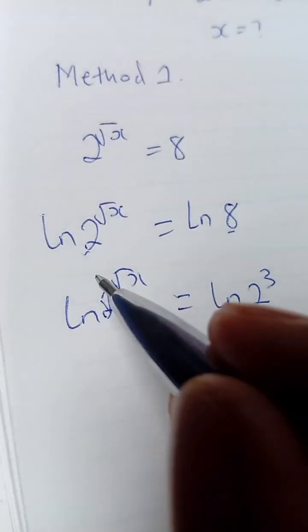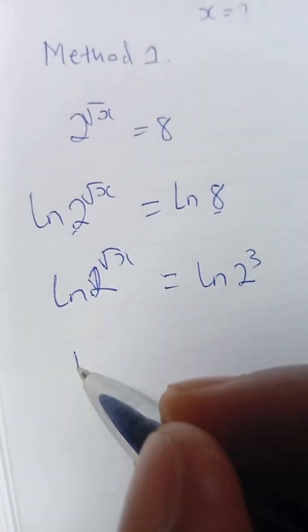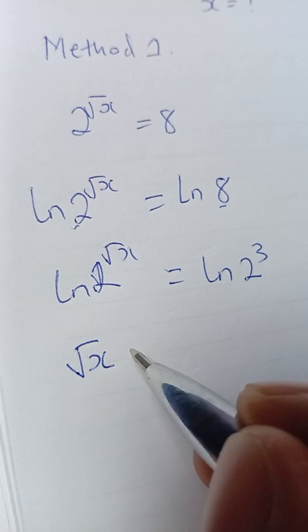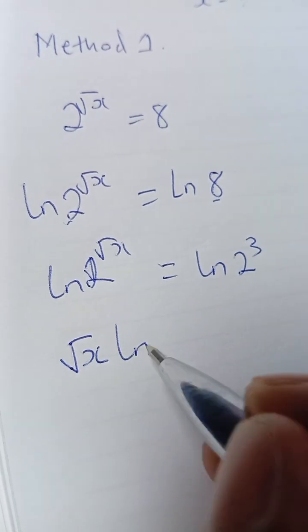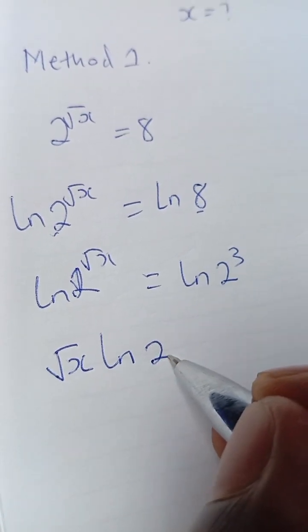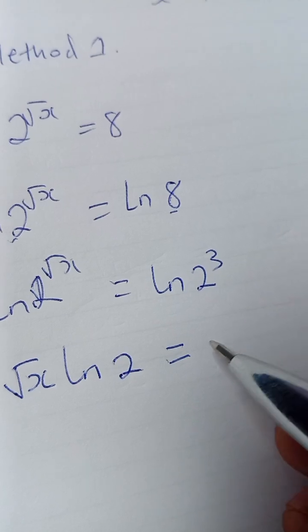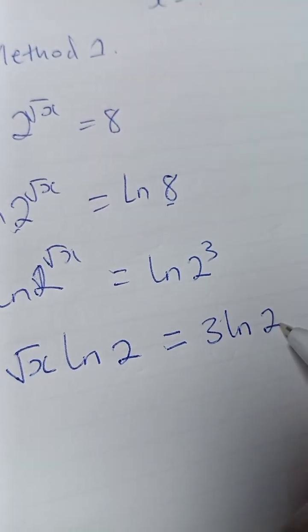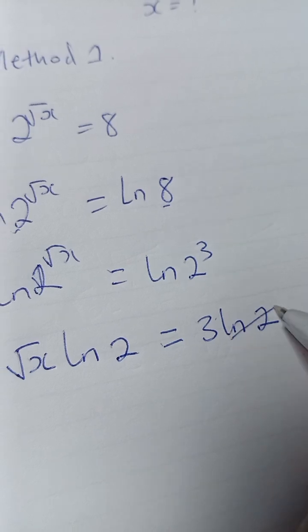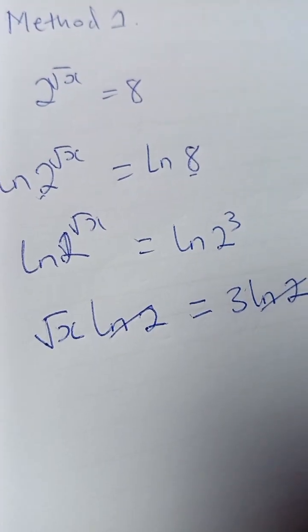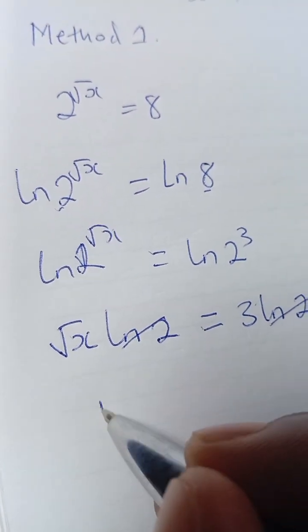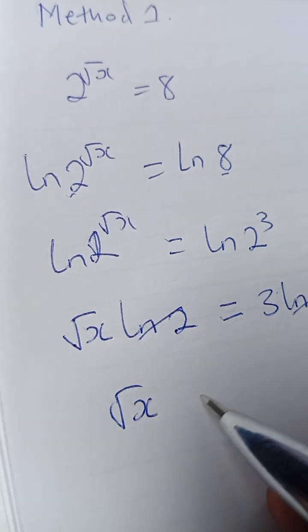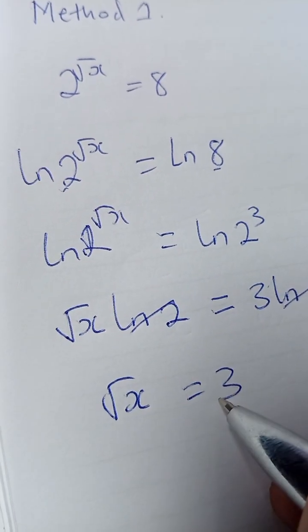Okay, so from the logarithm rule, we know that this is the same as root x times ln 2, and this is equal to 3 times ln 2. So ln 2 can cancel out ln 2, and then we'll have root x is equal to 3.